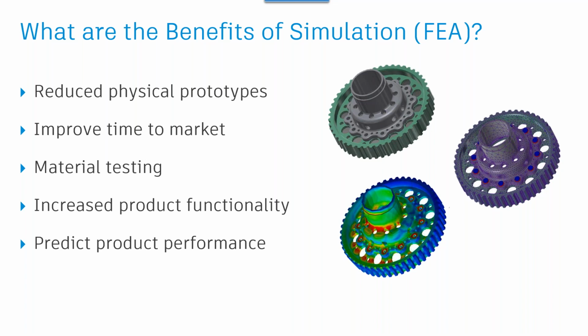It also helps you understand how the product is going to perform in different loading conditions, different situations, and how the product would interact with different parts of its assembly, etc. So there are definitely a lot more benefits of FEA, but these are some of the key things through which we provide a lot of value to users through our simulation products.